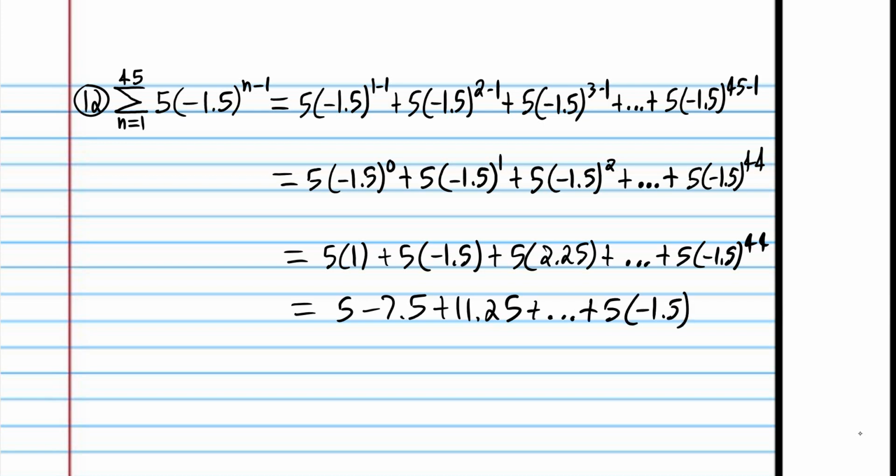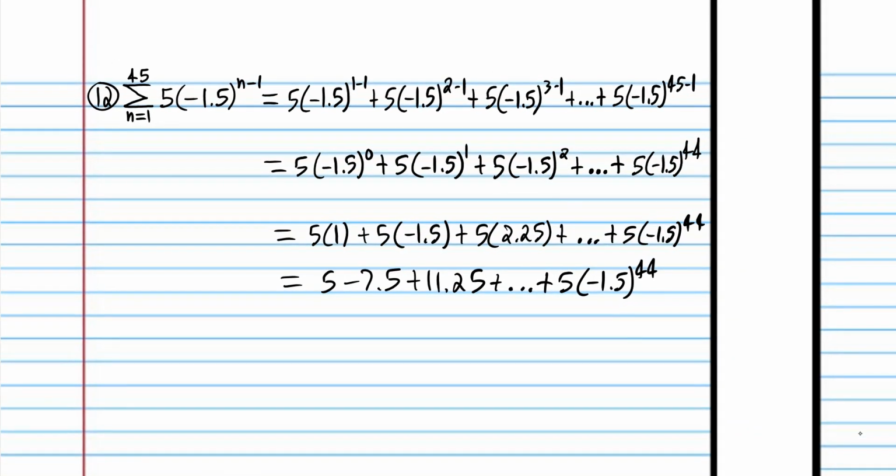You don't have to write quite so many terms out and show all the work here. You can probably skip this step and this step at least. But again, I'm just moving slow here so we can see exactly how to use this sigma notation.